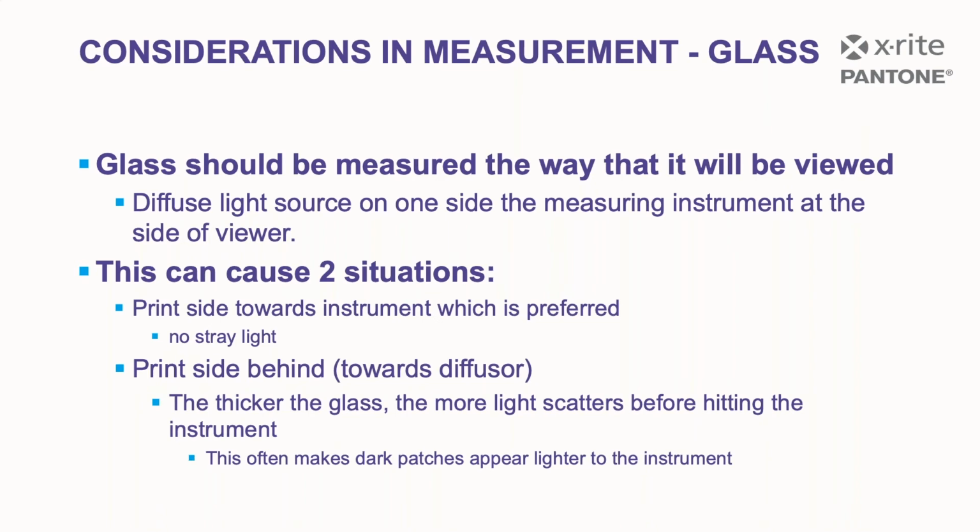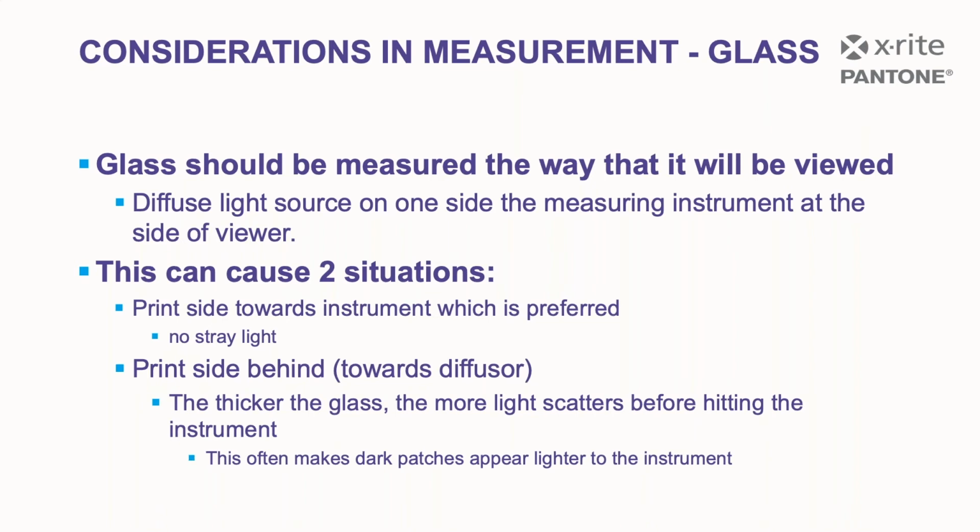The downside is if it's printed behind, so it's towards the diffuser and you have the glass in between the instrument and the material. This means that the thicker the glass, the more the light scatters before hitting the instrument. This is sort of like that micro highlight story, in that it often makes the dark patches appear lighter to the instrument. If the glass is very thick, polarization doesn't solve this problem, because it's not a micro highlight problem, but a diffusion problem.